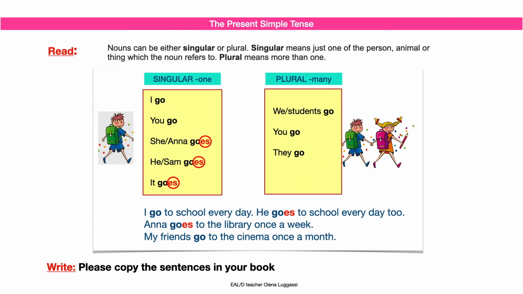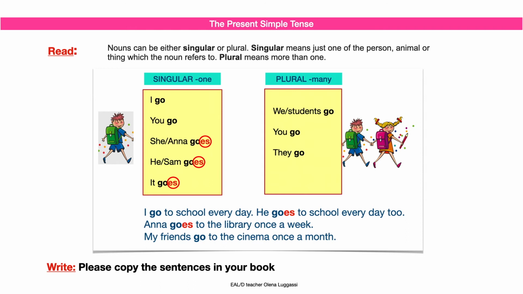So when we talk about someone like Anna, Anna goes to school every day. Sam goes to school every day. It goes to the park, for example, the cat. And when we talk about many people, we go, students go, you go, they go. We do not need to add any endings such as es or s.